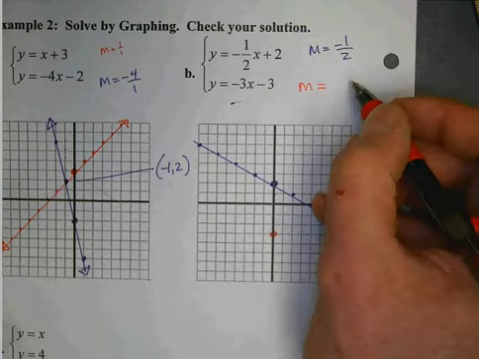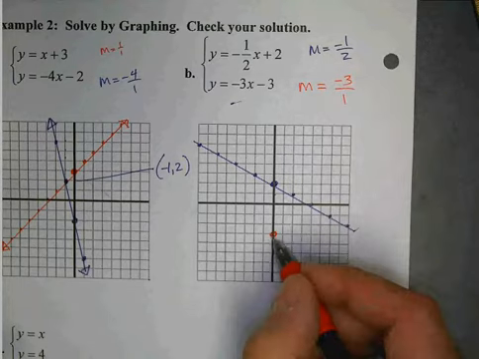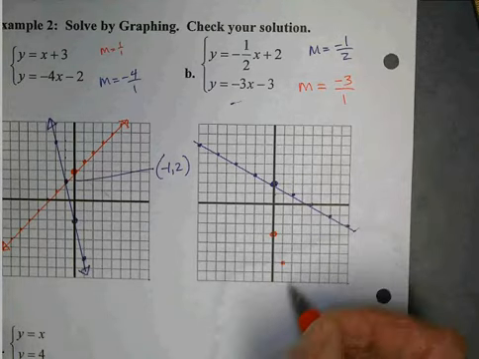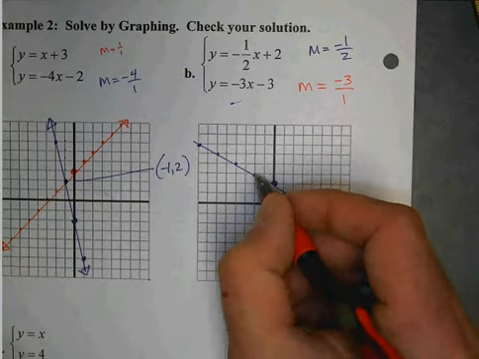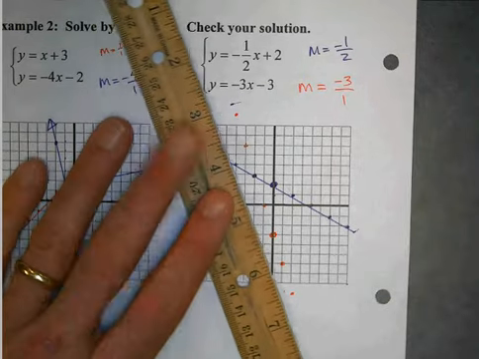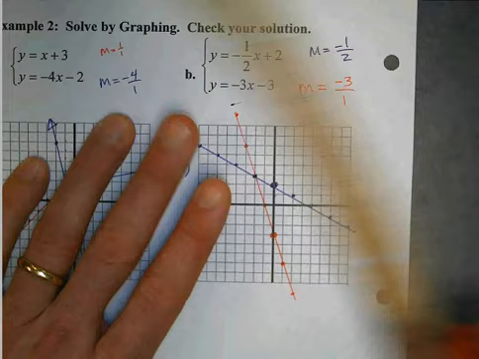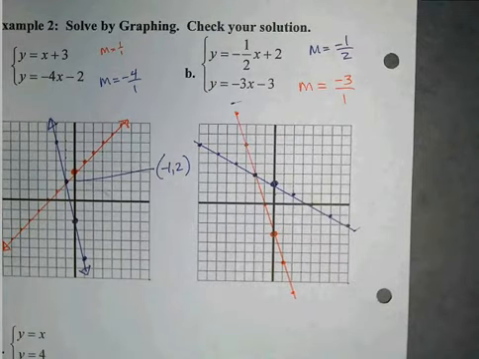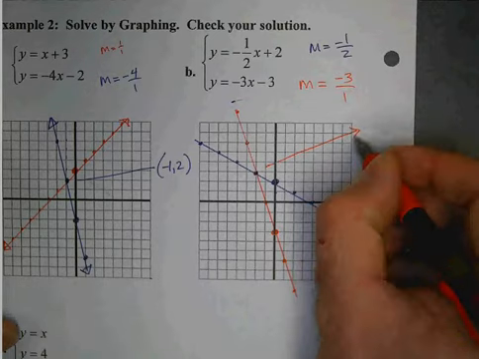We go down 3 over 1. Good catch. Down 3 over 1. Okay, so here we go. We draw our line. Is this a nice, neat solution? Almost unrealistic. But what is the solution?